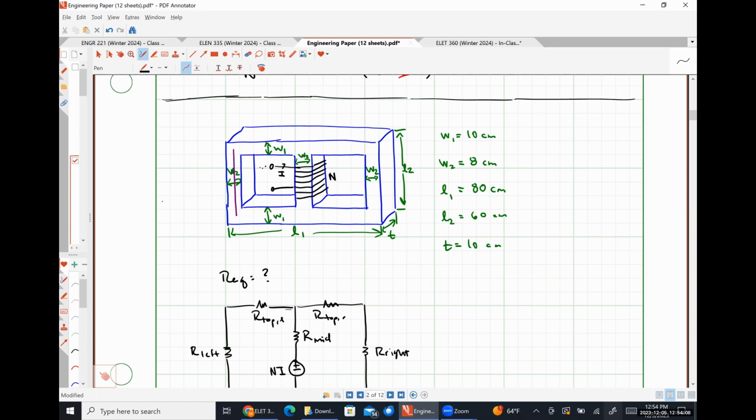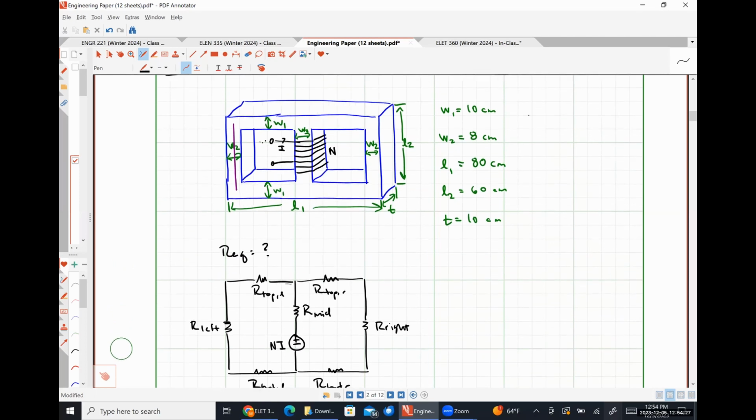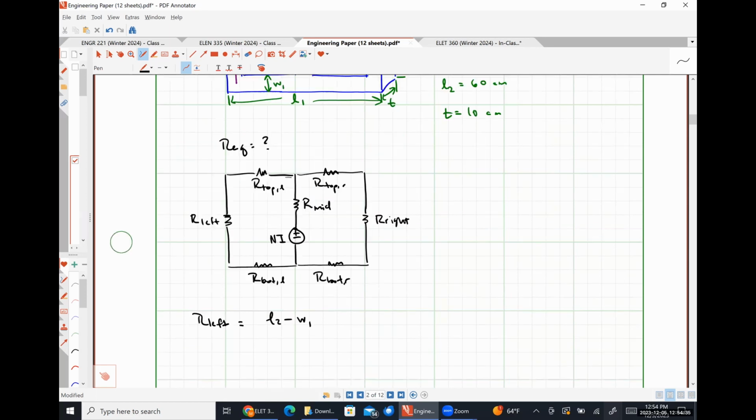Vertical line, okay? So L2 minus W1. Looks like I forgot to provide you some information as well, so I apologize. We need to know mu to figure out R_EQ. So let's say that it's 5,000 mu naught.